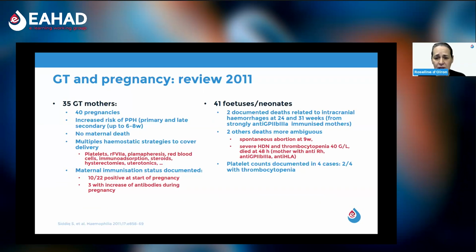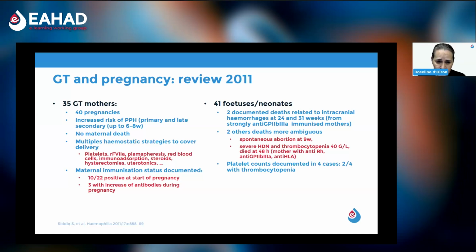What do we know regarding all of these pregnancies that have been reported in the literature? A review has been published in 2011, dealing with 35 GT mothers and 40 pregnancies. What has been observed was a very high increased risk of postpartum hemorrhage, not only primary postpartum hemorrhage, but also secondary late postpartum hemorrhage that could last quite longer, up to 8 weeks.